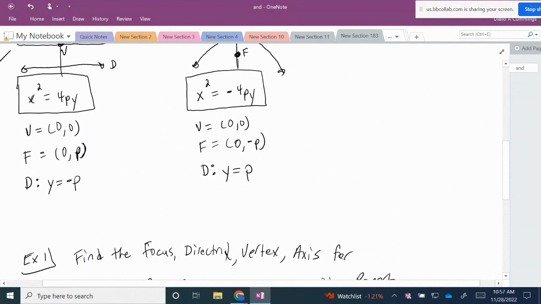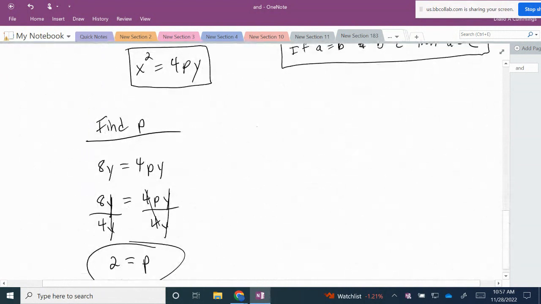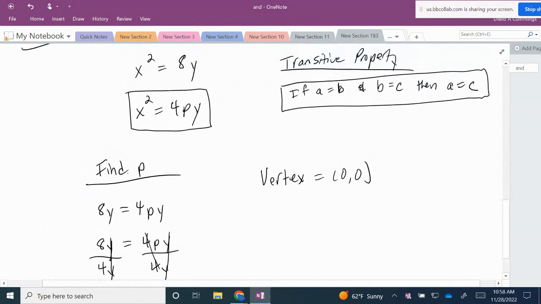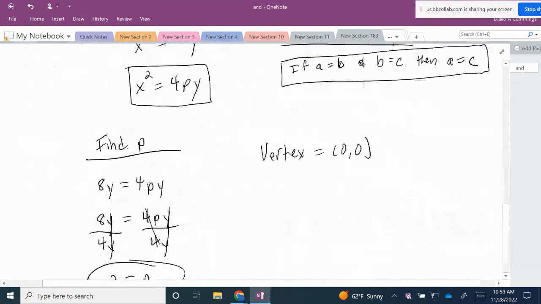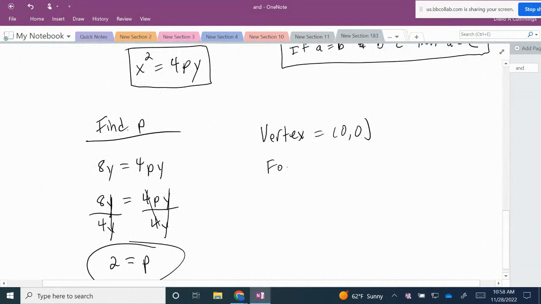All right, so first of all, the vertex is going to be 0, 0, right, because it's centered at the origin. The focus is going to be 0, comma p, right, and p is 2.